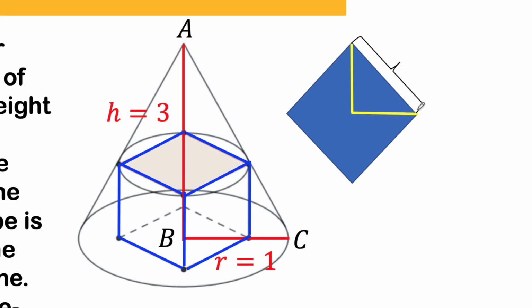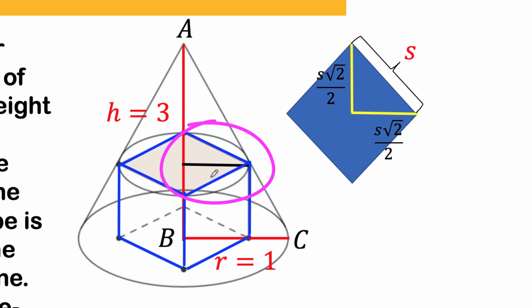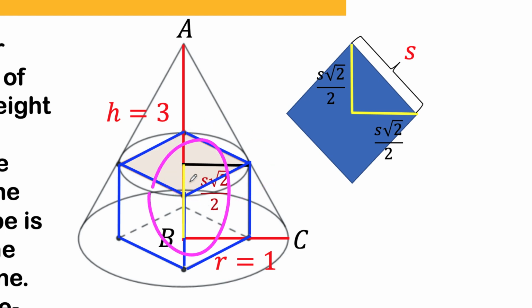This side here is our S, and from the properties of this special 45, 45, 90 triangle, each of the sides are equal to square root of 2 over 2 times that of the length of the side. So that means the length of this line segment here is square root of 2 over 2 times S. The length of this line segment is just the same as the length of the side of the cube, S. That is because we are looking at the projection of this 3-dimensional object.